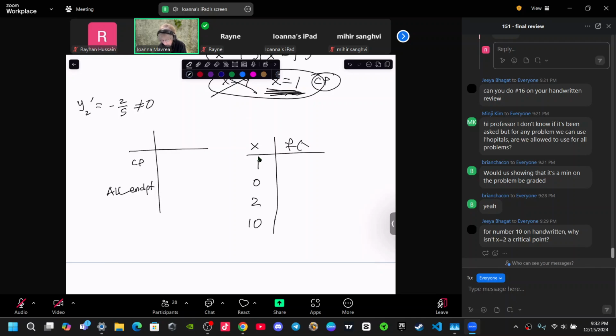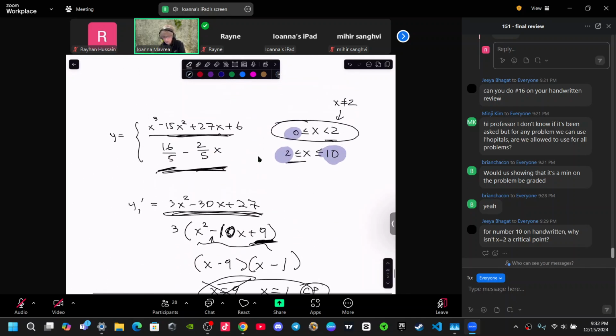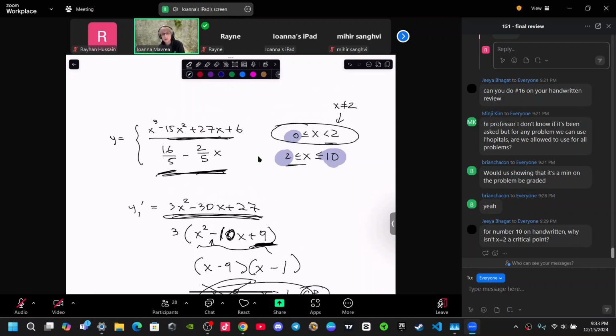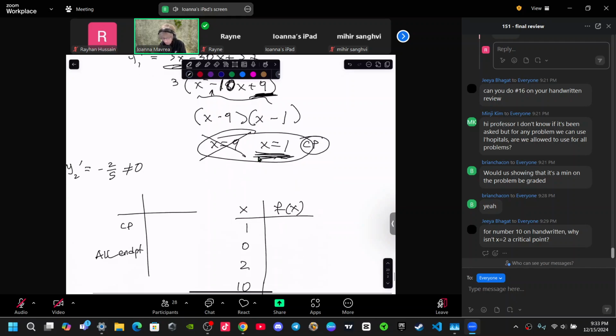And I'm going to evaluate the function at each one of those. So if I want to plug in x equal 1 into the function, I'm going to go to the part that allows x equal 1. So I'm going to go here, plug in x equal 1, and I get something. Right here, you actually have to add. I don't feel like doing that. So I'm going to go to the top part and plug in 1.